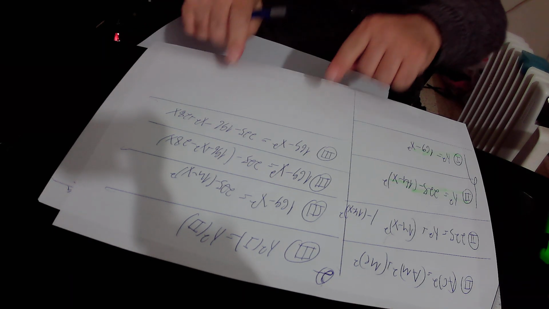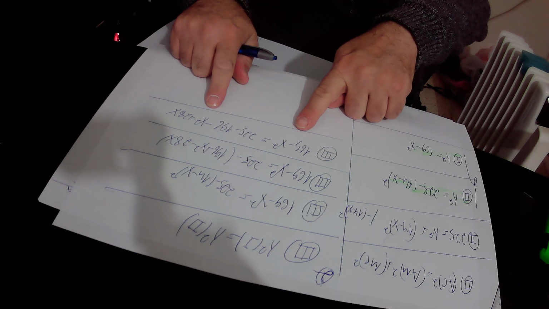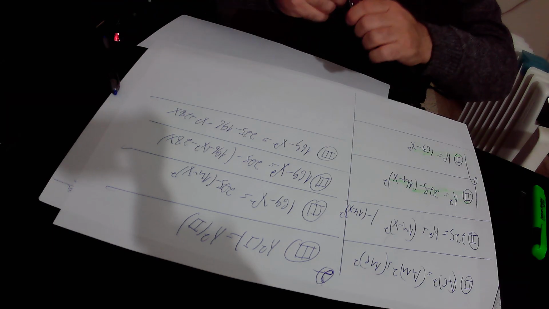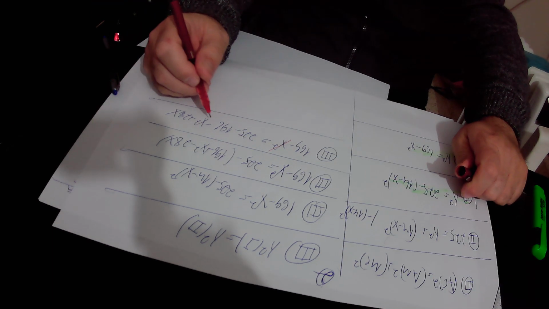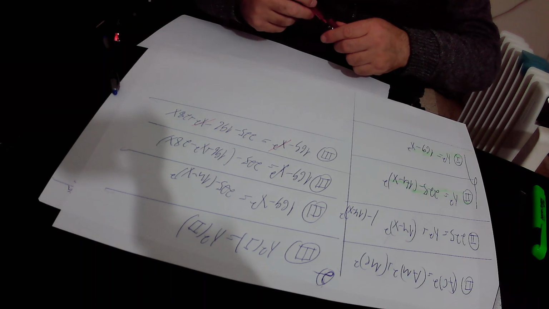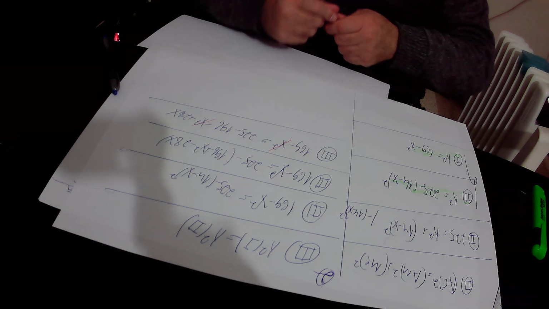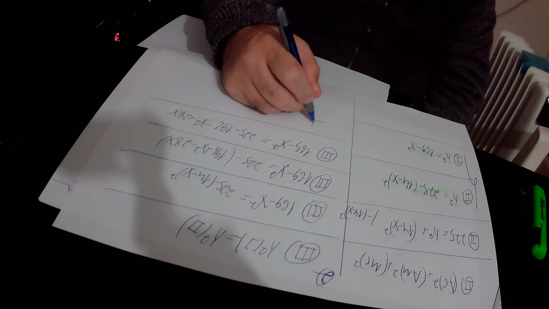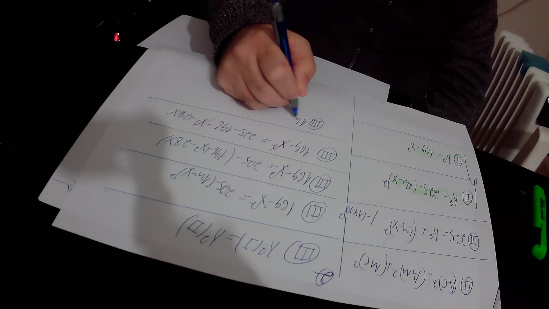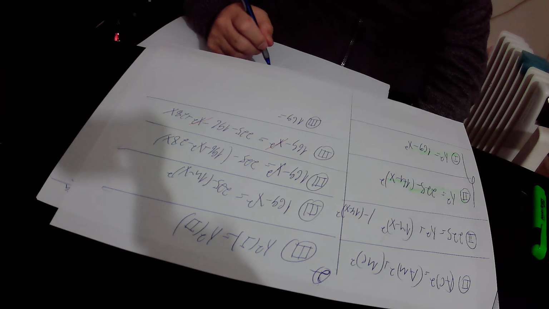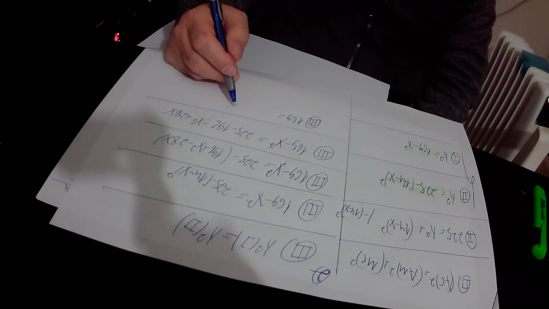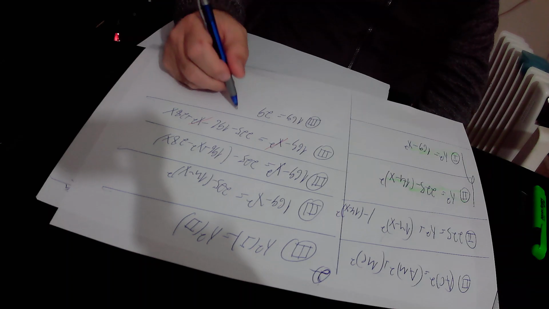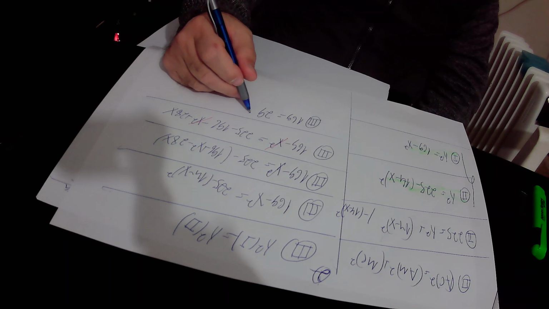So here we have minus X squared on both sides of the equation, so minus X squared will get cancelled. After we cancel the minus X squared, on this side of the equation we are left only with 169. That equals 225 minus 196, which is 29, plus 28X.